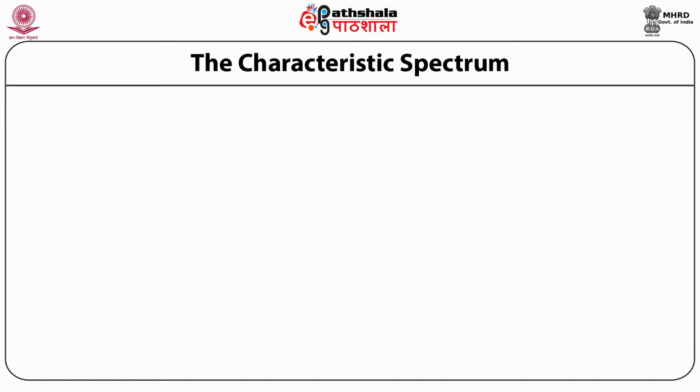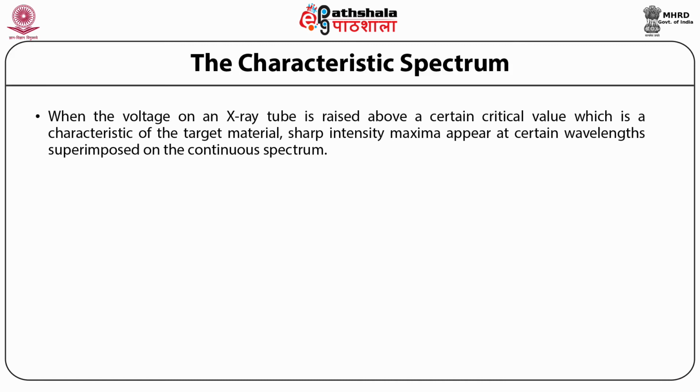Now let us discuss the characteristic spectrum. When the voltage on an X-ray tube is raised above a certain critical value, which is characteristic of the target material, sharp intensity maxima appear at certain wavelengths superimposed on the continuous spectrum.